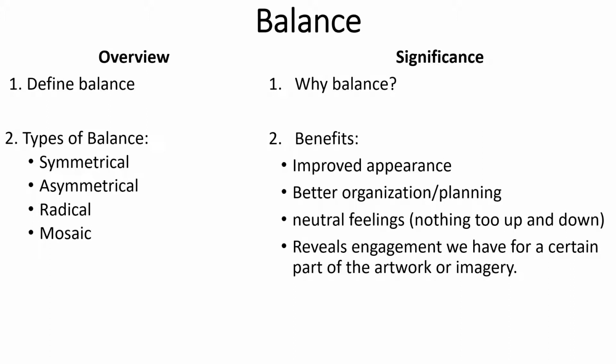There's radical balance, which occurs when elements are scattered from a known center. And to finish off, there's mosaic balance, which results from balanced excitement.